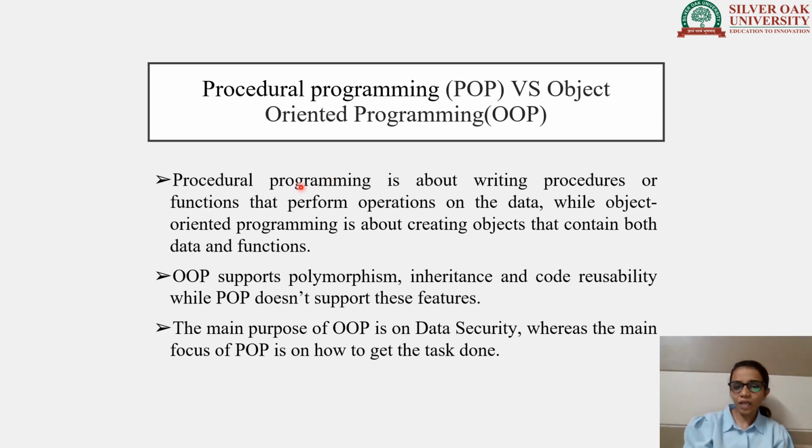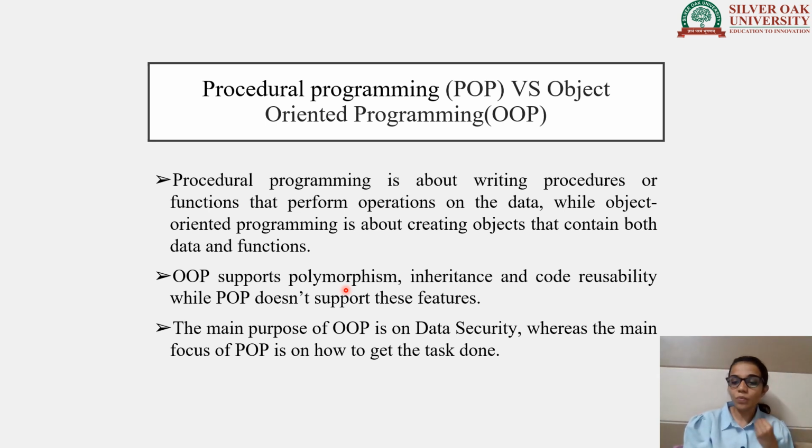Object oriented programming supports polymorphism, inheritance and code reusability, while POP doesn't support these features. We will learn about these features in detail in upcoming lectures, but in short, we create classes in this.